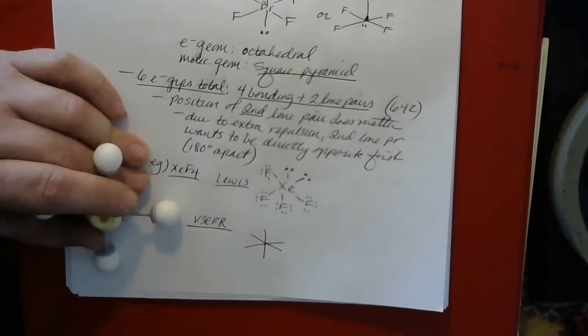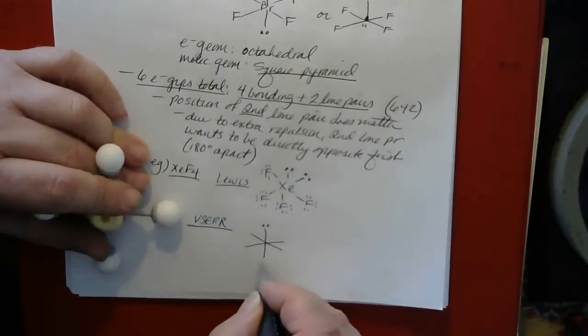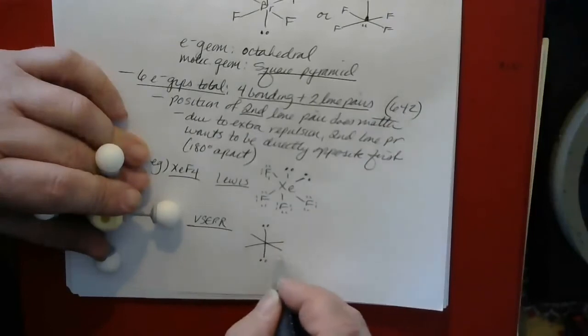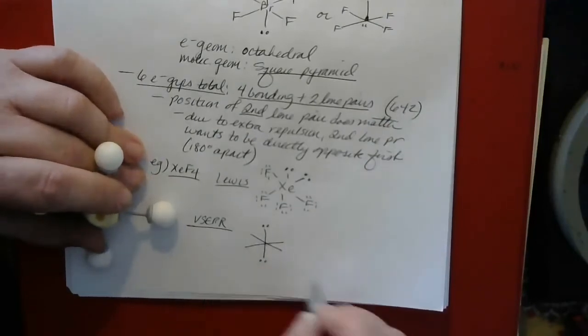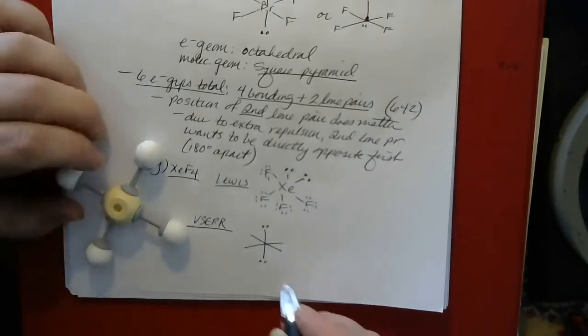basically an octahedron. And it doesn't really matter which bonds you draw as the lone pairs, as long as the lone pairs are directly across from each other.